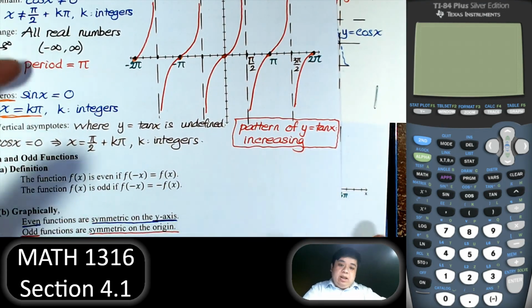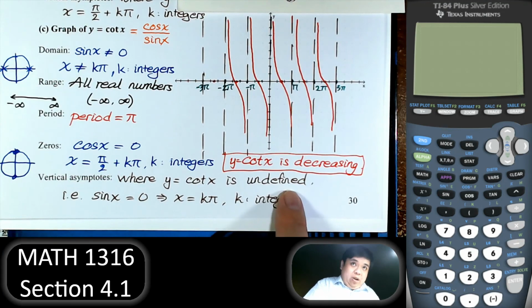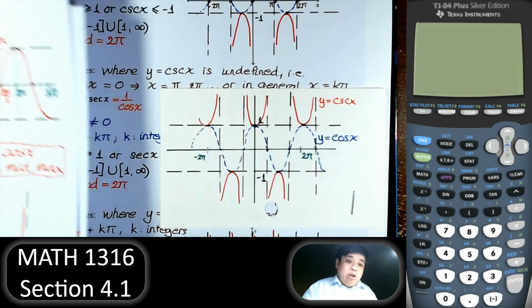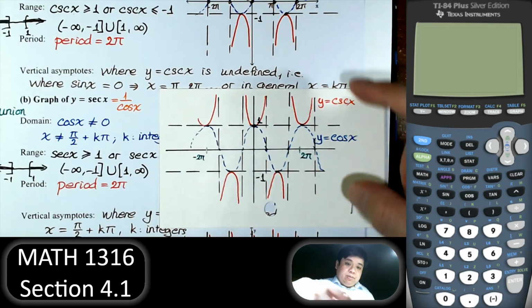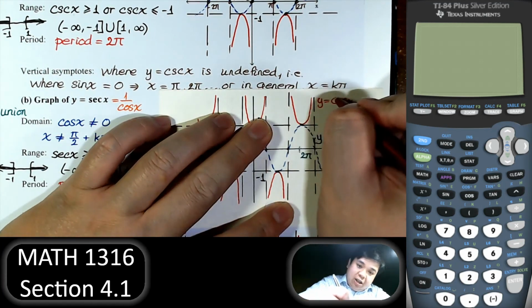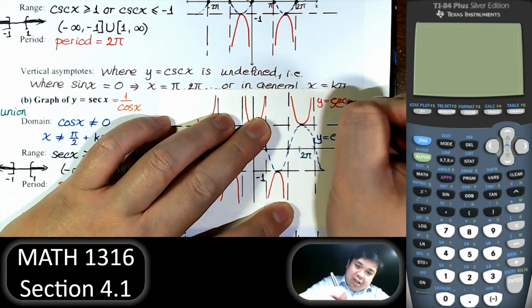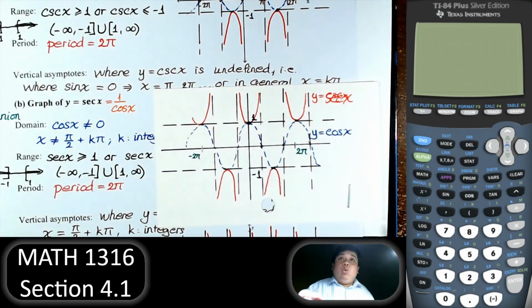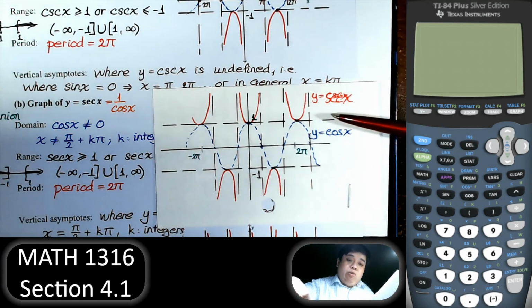Tangent is increasing, cotangent is decreasing. And in order to graph secant or cosecant, just have to graph the reciprocal function.